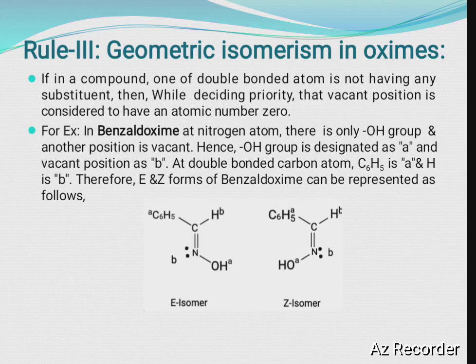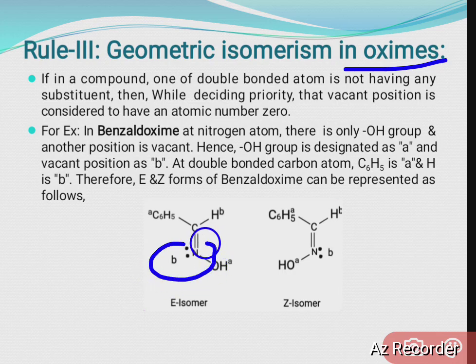Next, coming to the third rule, that is geometric isomerism in oximes. Okay, in the case of oximes, how are we going to name these geometrical isomers? If in a compound, one of the double bonded atoms does not have any substituent. Okay, see here, this is the oxime structure.